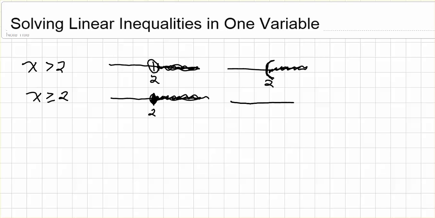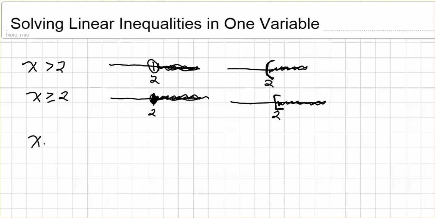Another option is to use a bracket. So again, I'm going to identify 2, the range of data to the right, but instead of using a parenthesis like I used in the previous example, I'm going to use a bracket. And notice that both the bracket and the parenthesis point to the data.